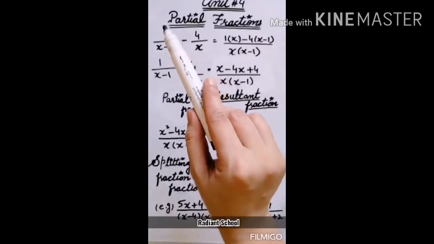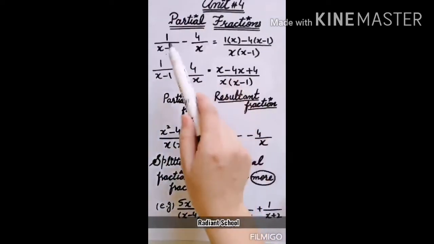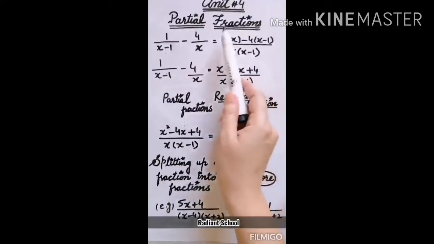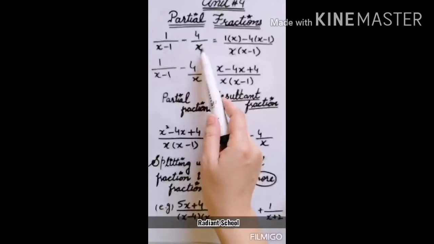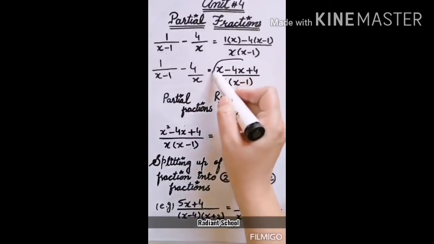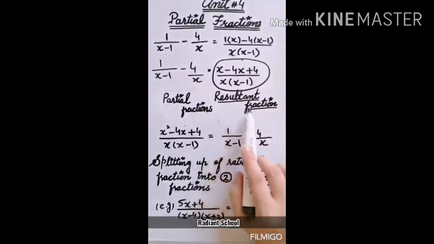So at once it comes to your mind that you have to take the LCM, and all of you are familiar with the method of the LCM. x and x minus 1 will be the LCM, and the simplest form, the answer is a single term that is said to be the resultant fraction.